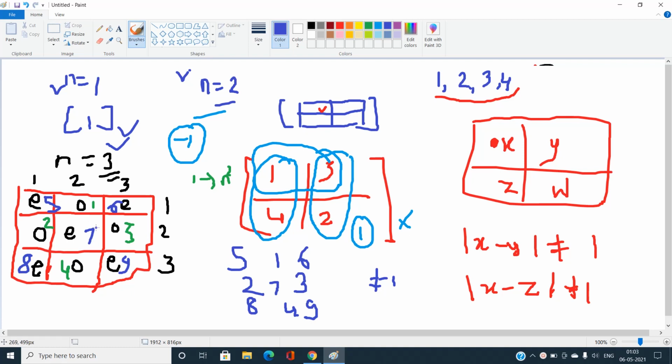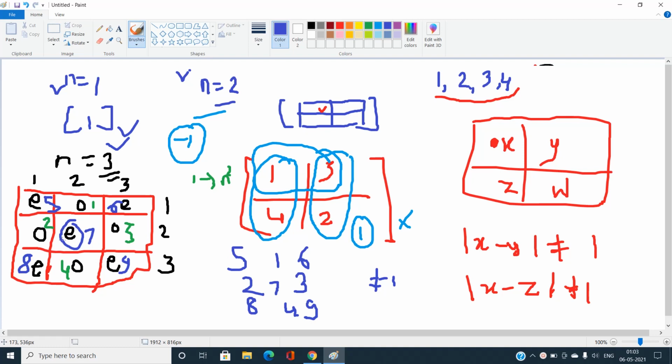That is, an even position has adjacent cells of odd positions. So if you fill up the values for all the even positions, and then come to the odd values, it is obvious that they are not going to coincide with absolute difference equal to 1.